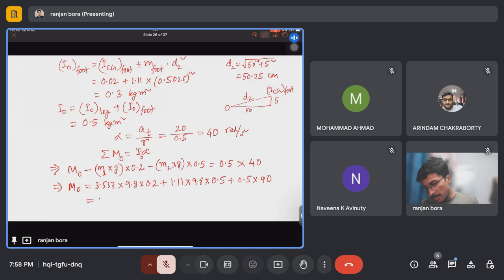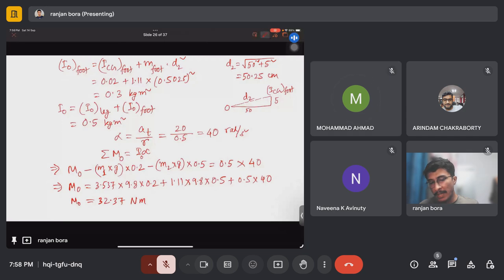It will come as 32.37 Newton meter. So is it clear? Yes, sir.